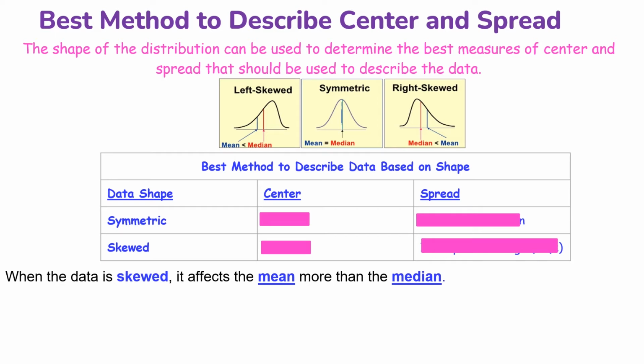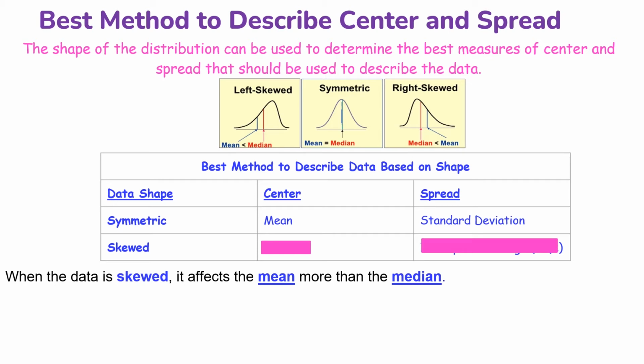Looking at this chart here, we have the data shape, which is symmetric or skewed. We have the center, and we have the spread here. And so when the data is symmetric, the data is best described by the mean, and if we're looking at the spread, the data is best described by the standard deviation.